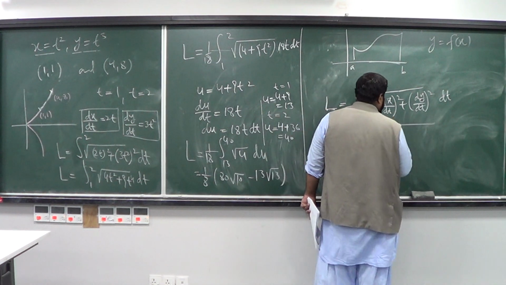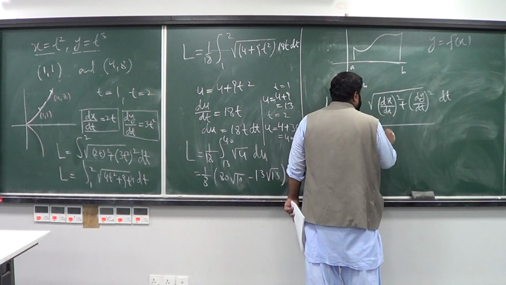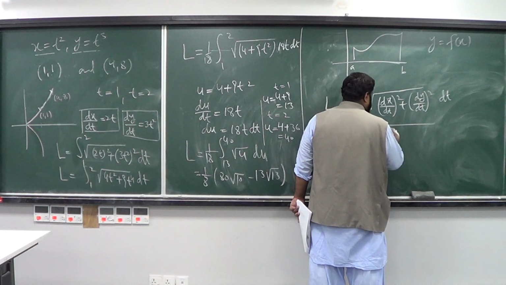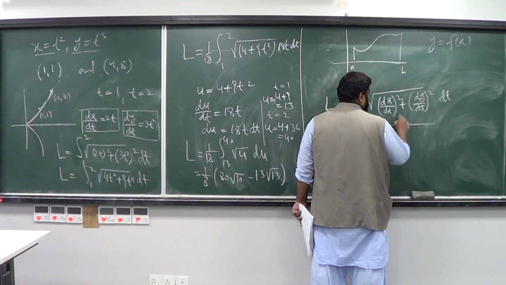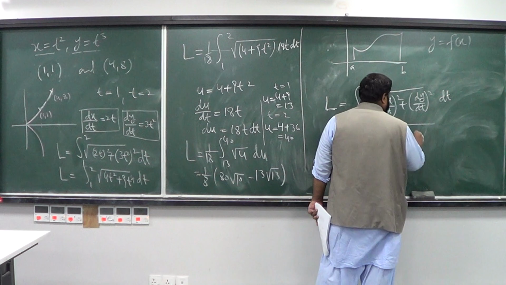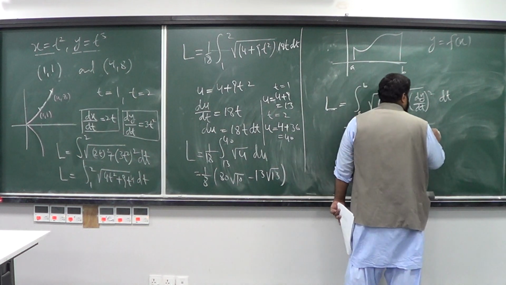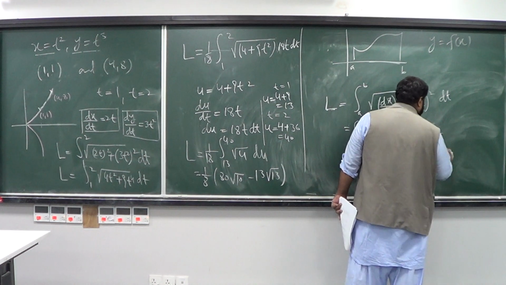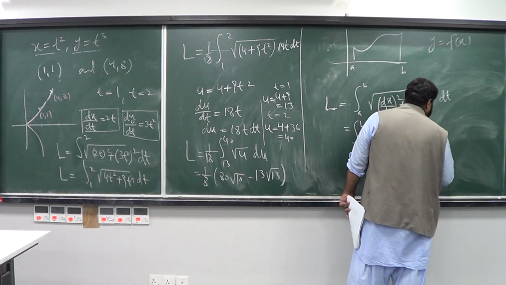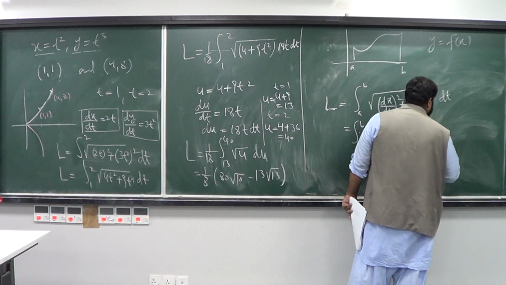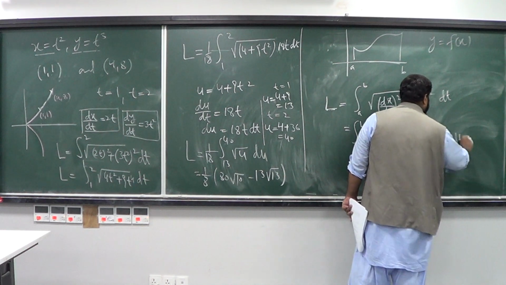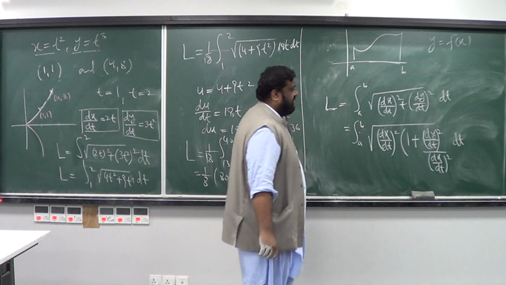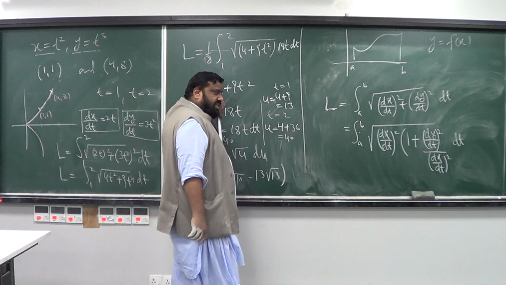For example, if I take common dx by dt square from these two terms, here you're going to get 1, and here you're going to get dy by dt square divided by dx by dt square and dt. Okay, this is what you're going to get.